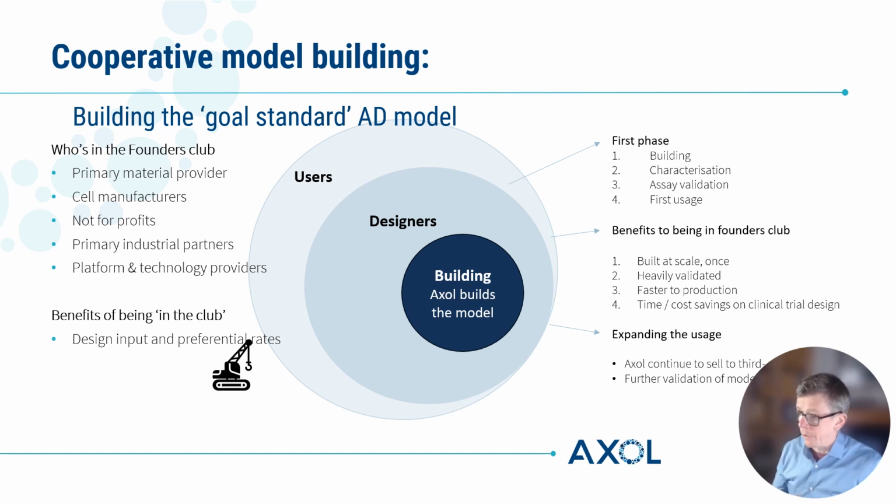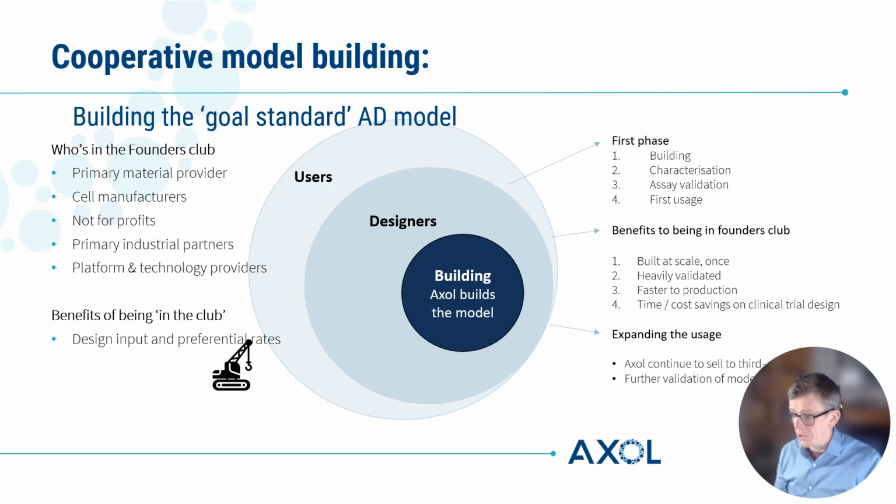We need people to provide materials, so we have our partnership with Stratistem. We see ourselves as manufacturers and assay developers. We need design inputs, people who say, if you built that, that would be really useful because we have these programs of work. Then we have primary users, and together in a consortium effort, we would look to build, validate, characterize, and then get first use of these systems.